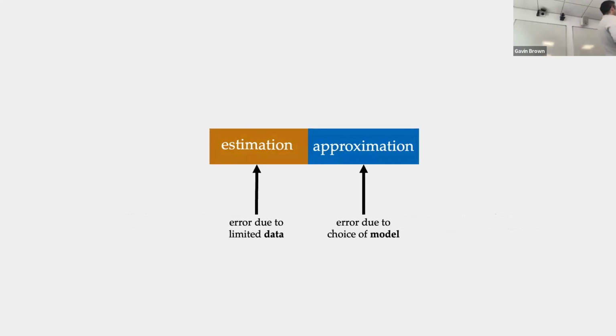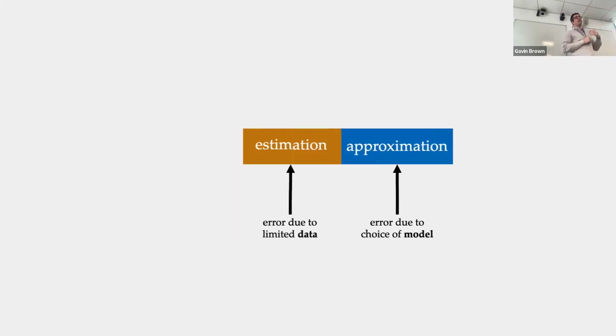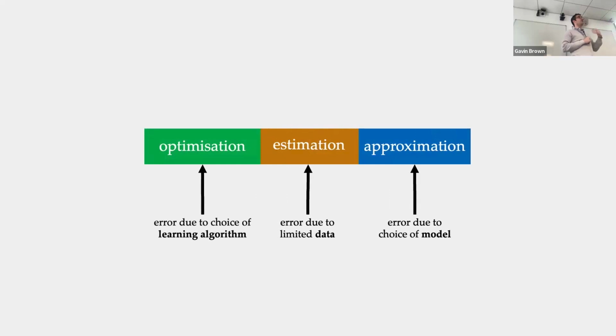And again, this trade-off between these two happens. In addition, there is often thought of to be a third component, which is the optimization error. And this is due to the choice of learning algorithm. So algorithm, data, and model, those 3 ingredients make up the performance of a given system.